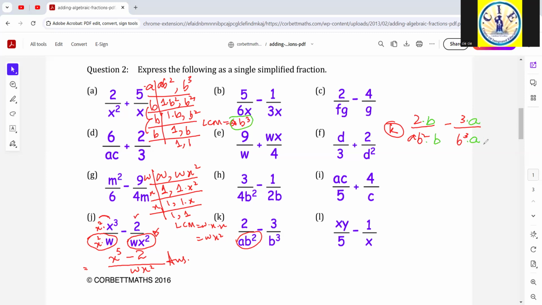Now the denominators are the same, so writing them as a single fraction over ab cube, and in the numerator, this is 2b minus 3a. And that's it. No further simplification of the b term and a term because these are unlike terms. So that is going to be the answer.